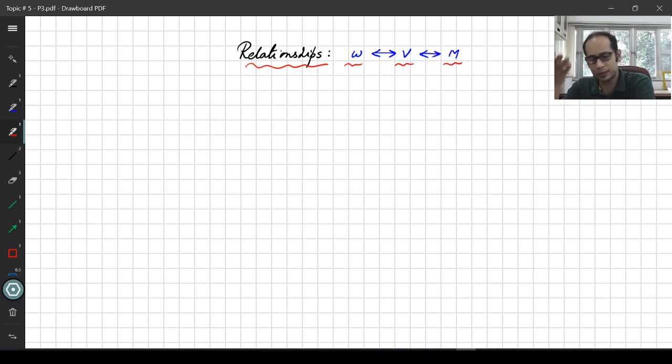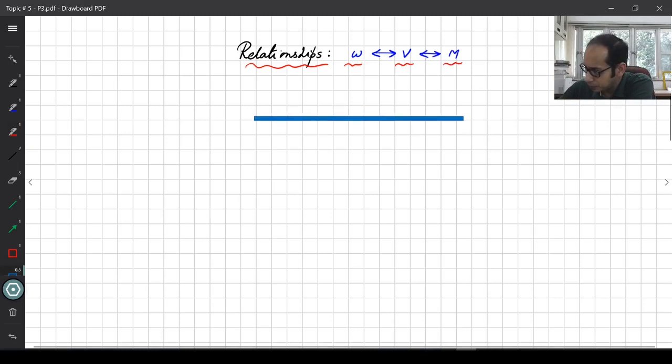Now, for that, let's go ahead and first draw a beam. So if we say we have a beam here, and let the beam have, say, support conditions, maybe one side is pinned. The relationships which we will derive are independent of the support conditions, but just for the sake of simplicity, let's assume that.